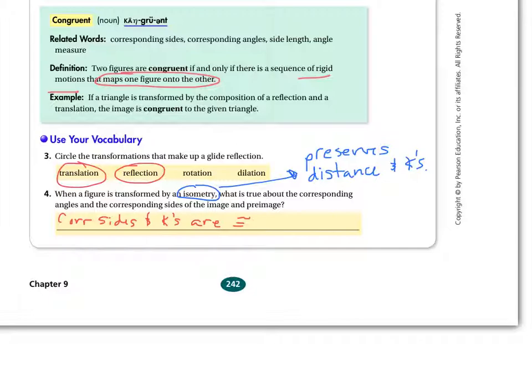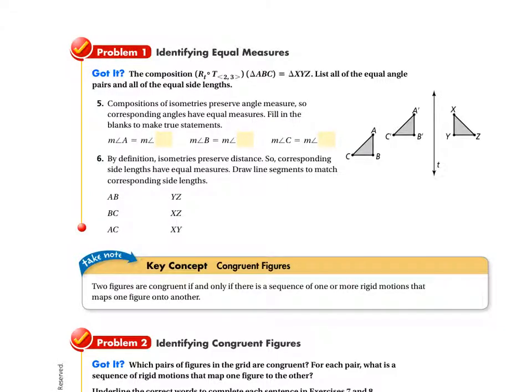All right, so let's look at page 2. So for example 1, they've given you a composition here. Which one comes first? What is this one? A translation, rotation, reflection. That's a rotation?